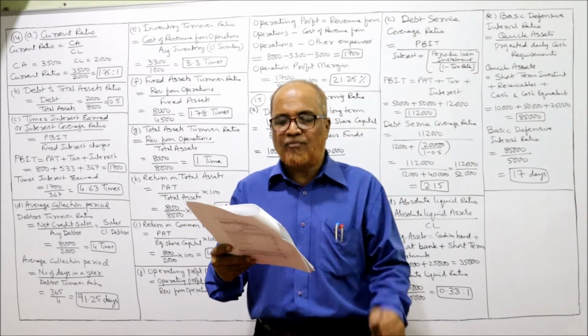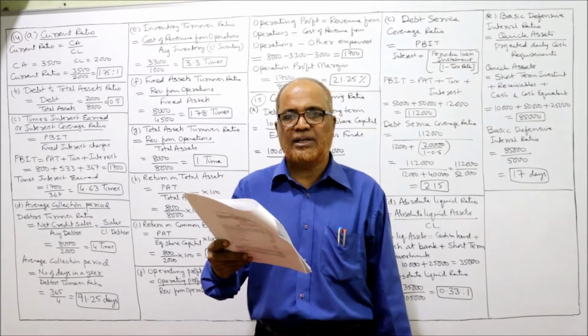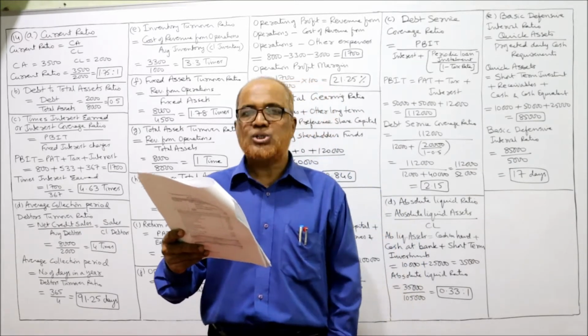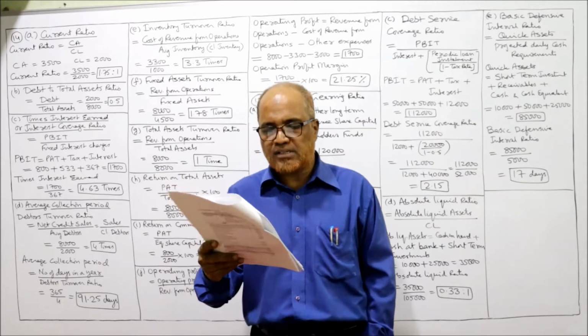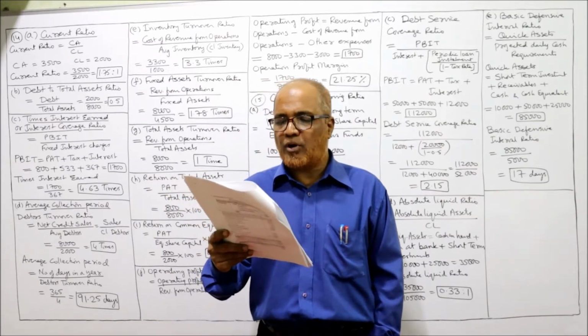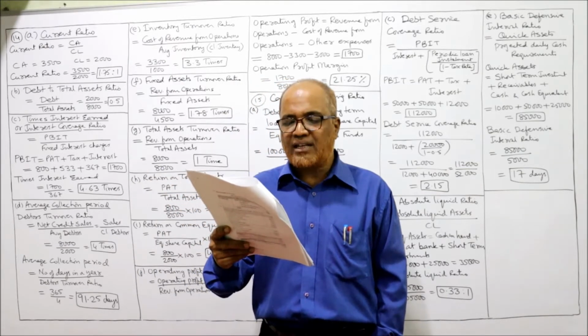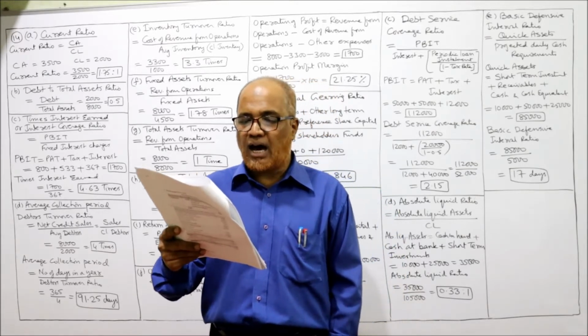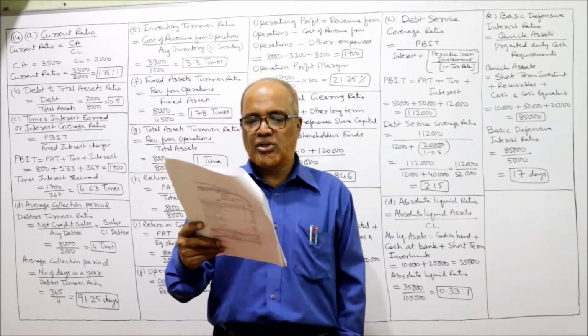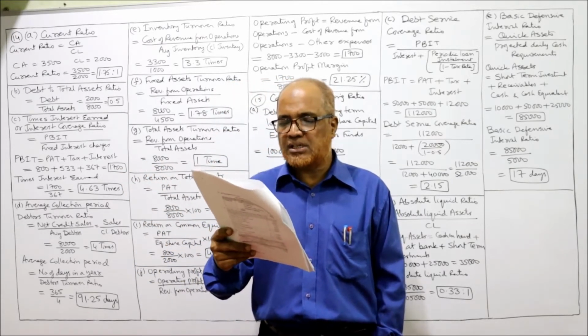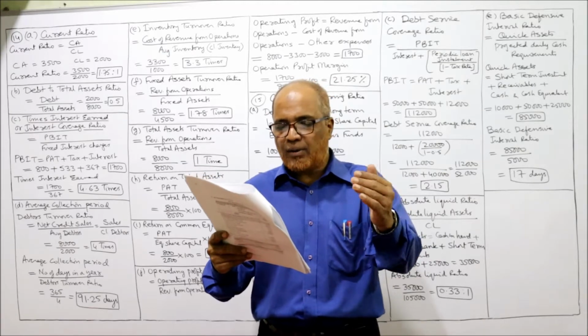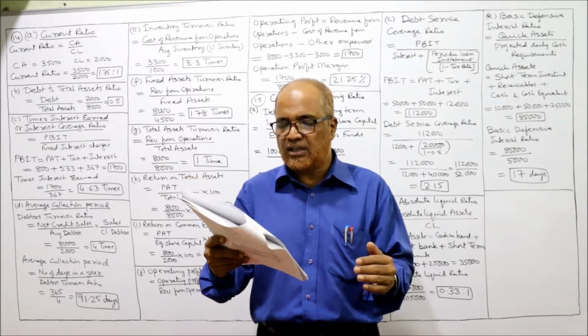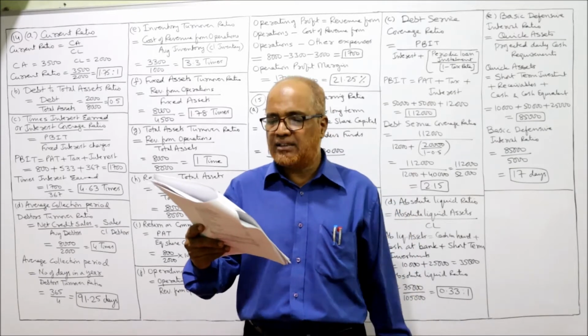Now the statement of profit and loss is also given for the year. Revenue from operations 8000. Then expenses: cost of revenue from operations 3300, finance cost 367, other expenses 3000. So total expenses are 6667. Then profit before tax 1333, income tax 533.